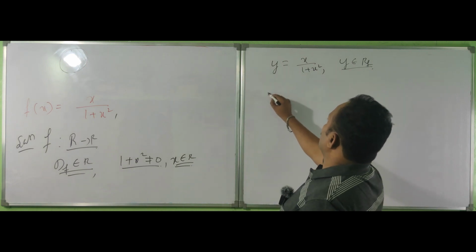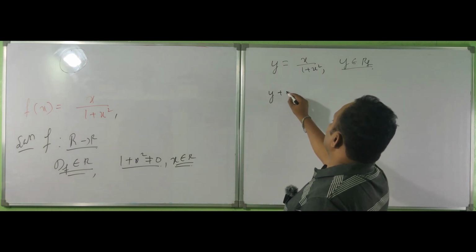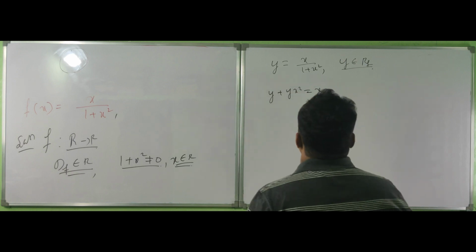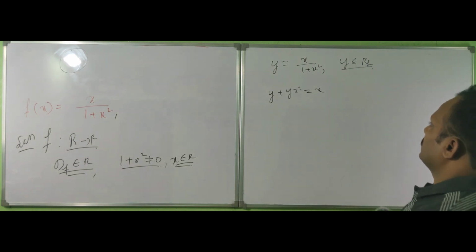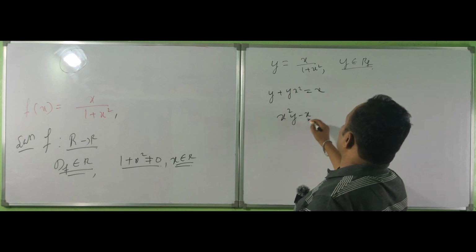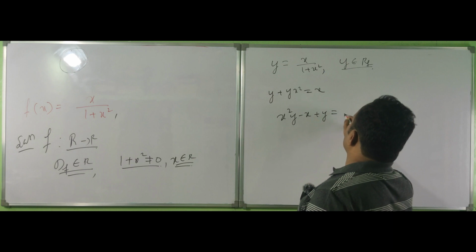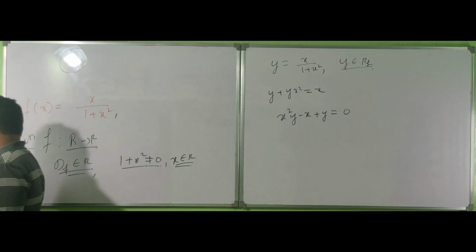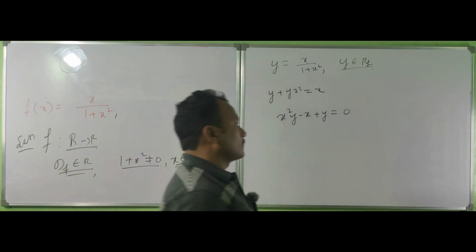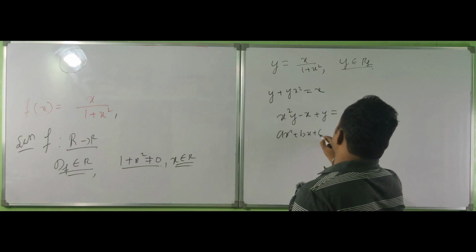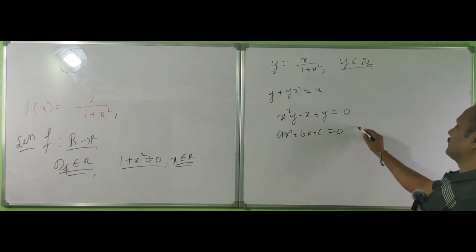Simplification: y plus y x square is equal to x, and this becomes x square y minus x plus y equal to 0. This becomes a quadratic equation, ax square plus bx plus c equal to 0.